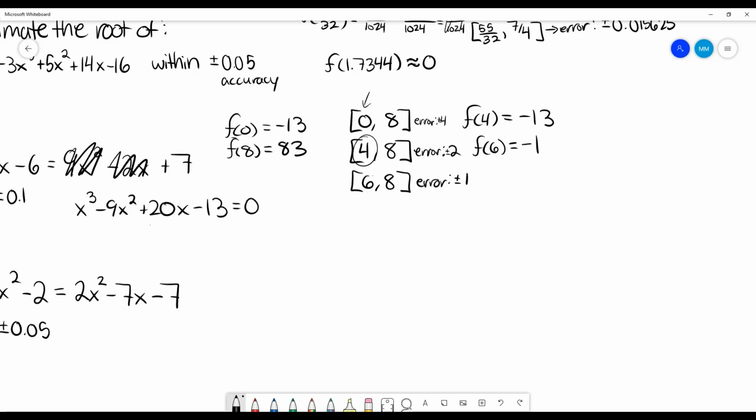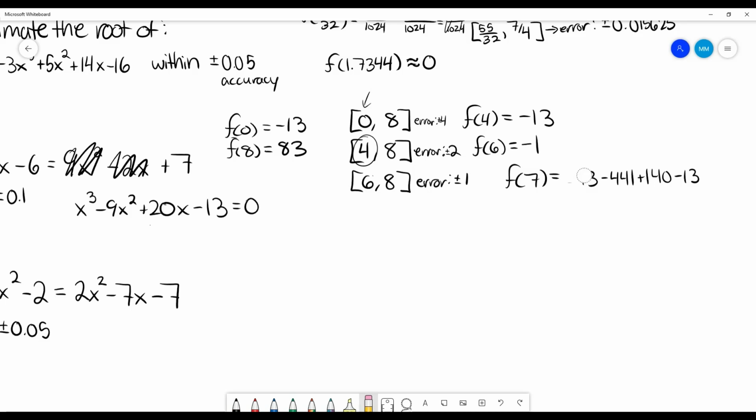So now we need to plug in f of 7. 7 cubed is going to be 343 minus 9 times 49, and then 20 times 7 minus 13, and I'm just going to use a calculator to condense that.